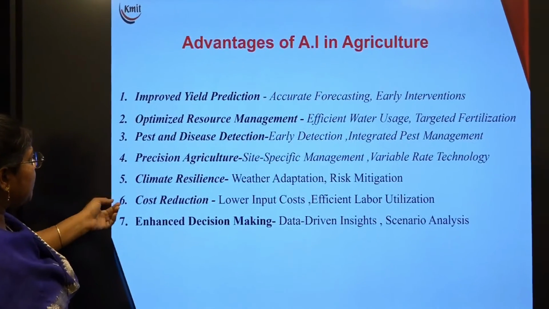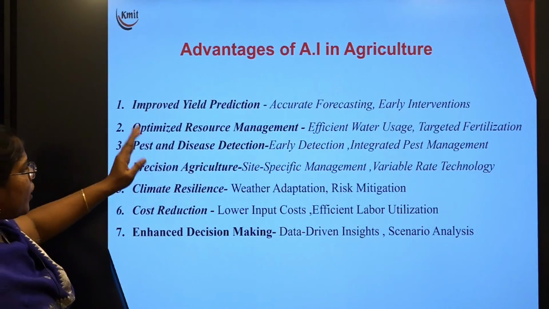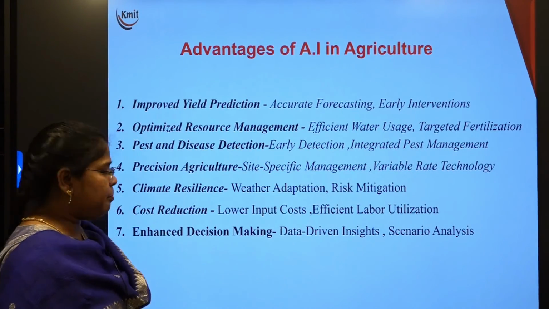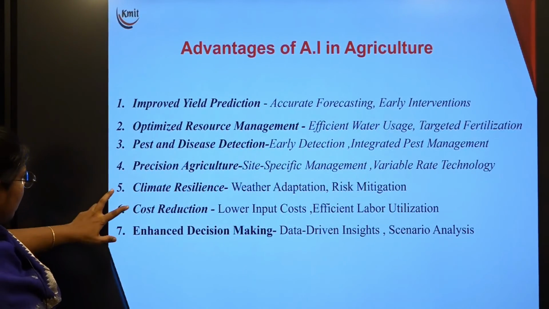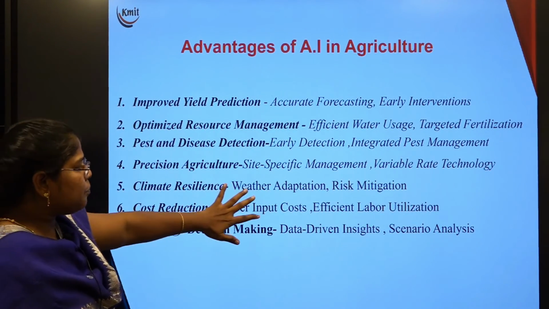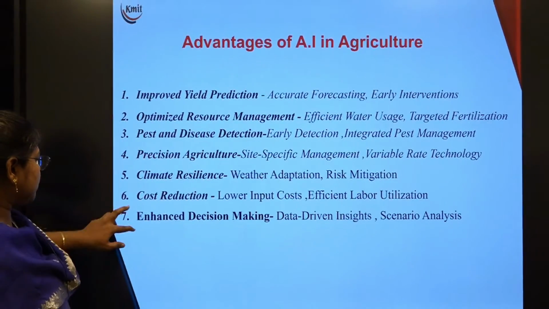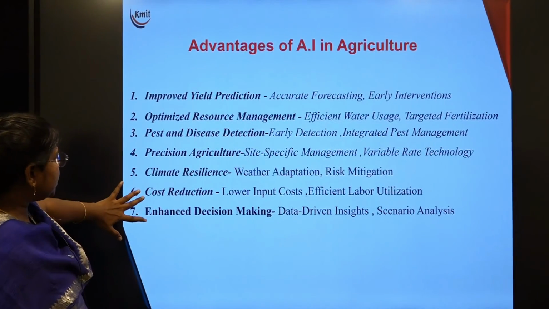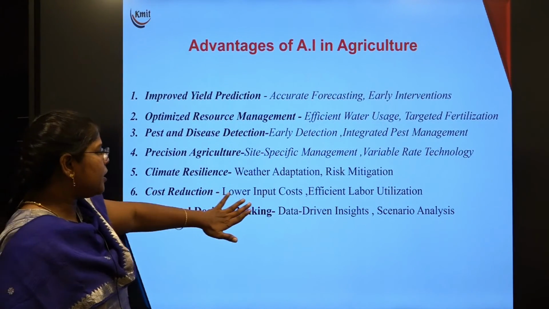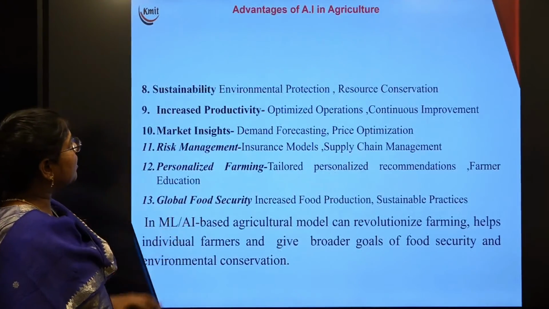Next, climate resilience: it creates weather adaptations and risk mitigation. Next, the advantage is cost reduction, lowering input costs and efficient labor utilization, etc. Next is enhanced decision making, with data-driven insights and scenario analysis.